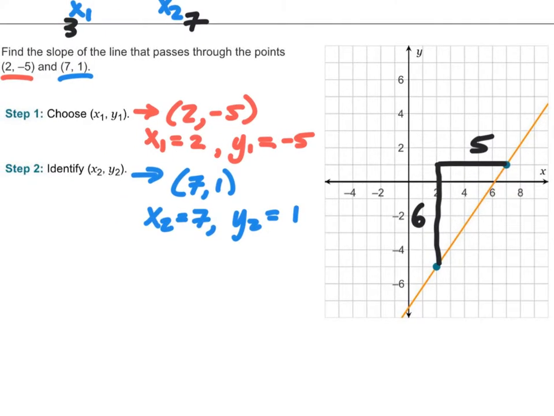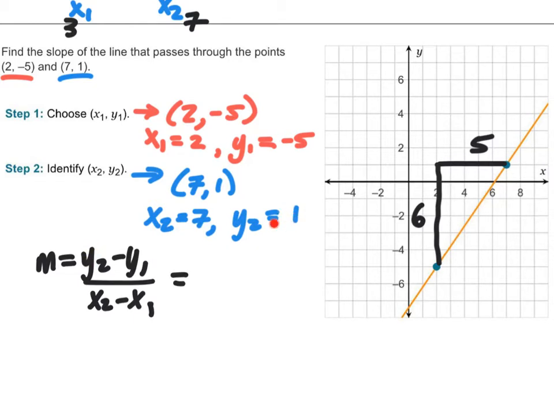Now I'm going to write out my slope formula here. I'm going to say that m is equal to y sub 2 minus y sub 1 over x sub 2 minus x sub 1. I'm just going to substitute my numbers in. I get a y sub 2 value of 1, so I'm going to do 1 minus my y sub 1 value.